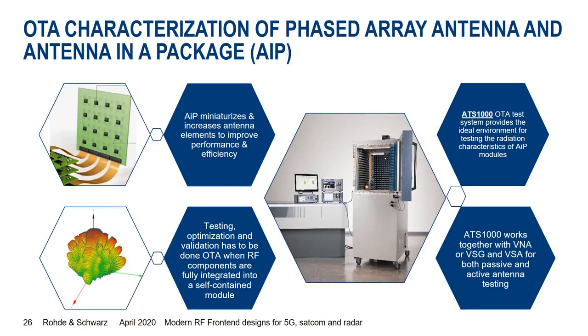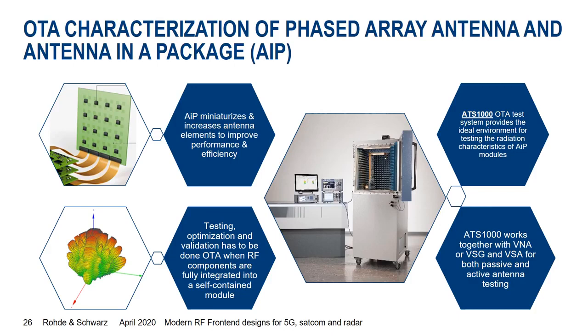Going on to the next step with the antenna and probably even antenna in package systems, obviously measurements need to be done in a chamber for doing over-the-air measurements. Rohde & Schwarz has developed a whole series of different OTA systems, not only large ones, but also very compact versions, which are able to give you far-field conditions in a lab size in a mobile environment.